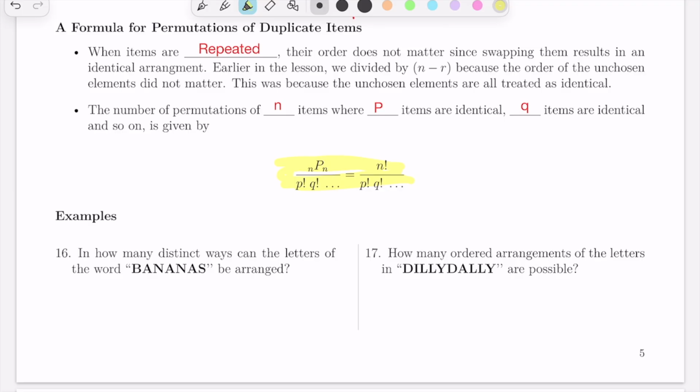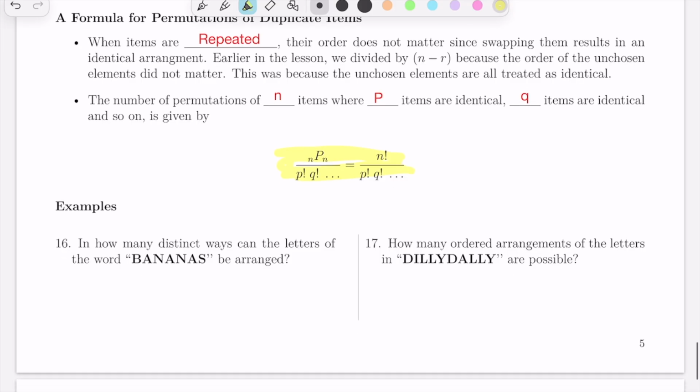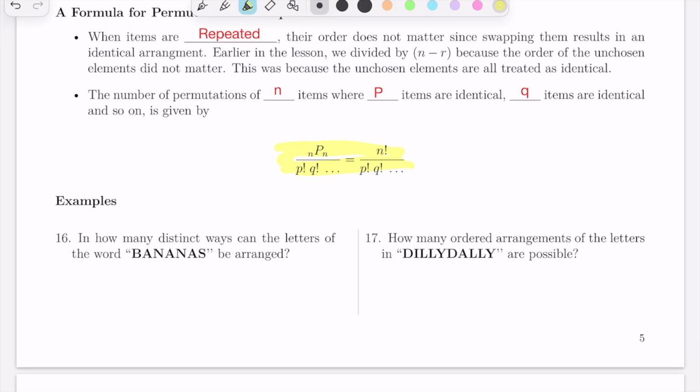So if I have, how many distinct ways can the letters of the word bananas be arranged? Well, notice that I have to first identify the n items, or in other words, how many letters there are. 1, 2, 3, 4, 5, 6, 7. So I have 7 letters. This would be 7 factorial on top.